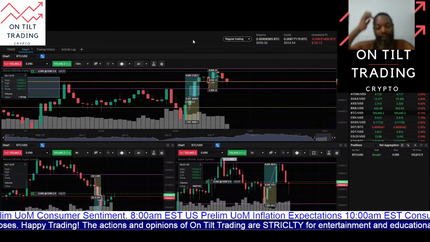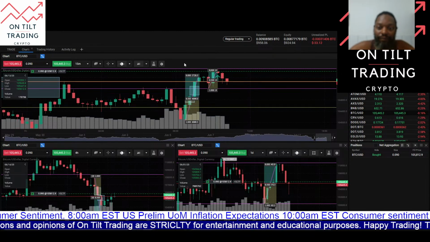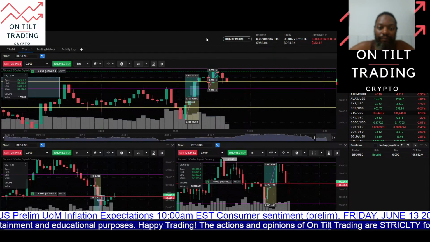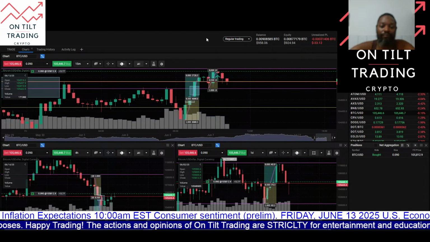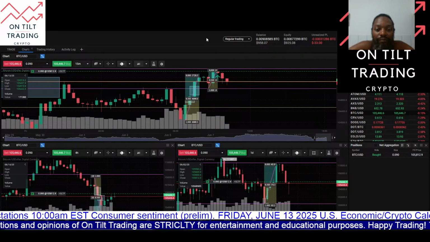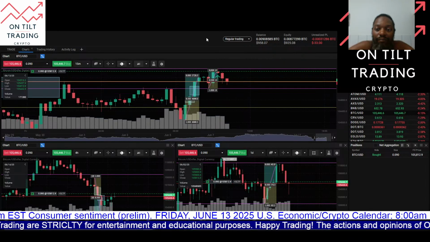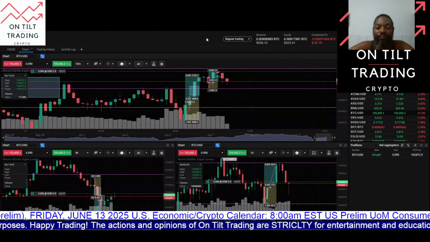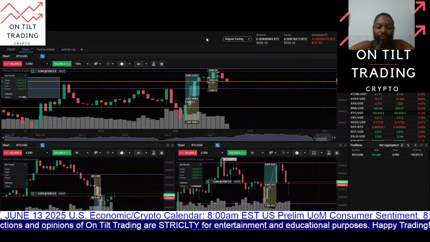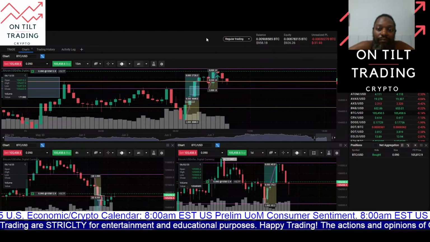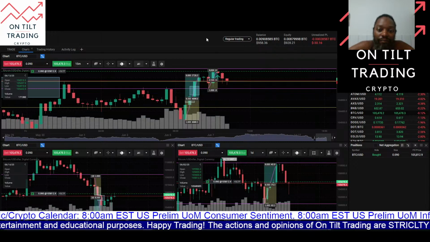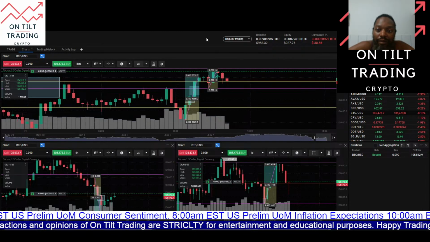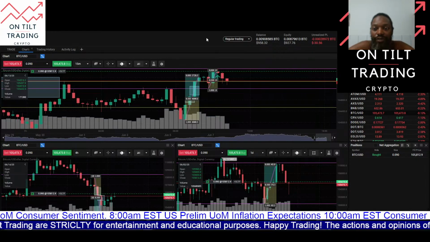Now price is back to retest this structural range high. Price is trading just above this structural range high.